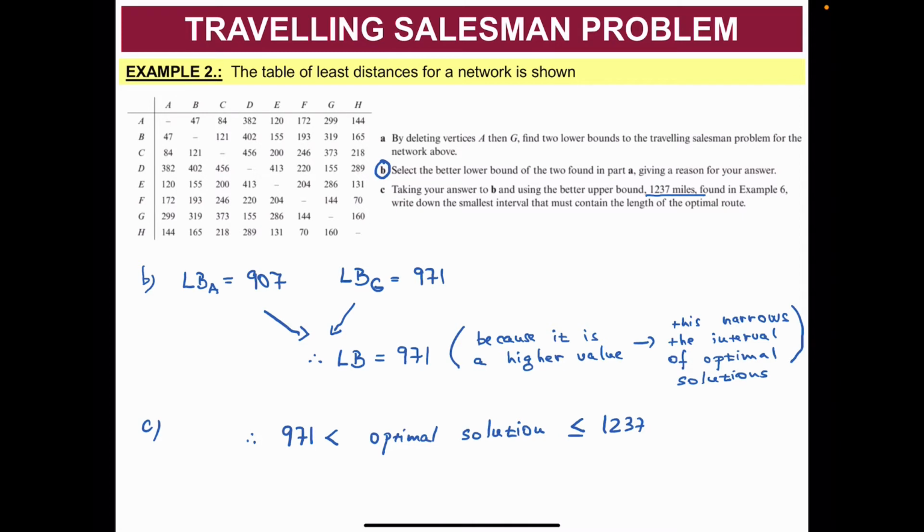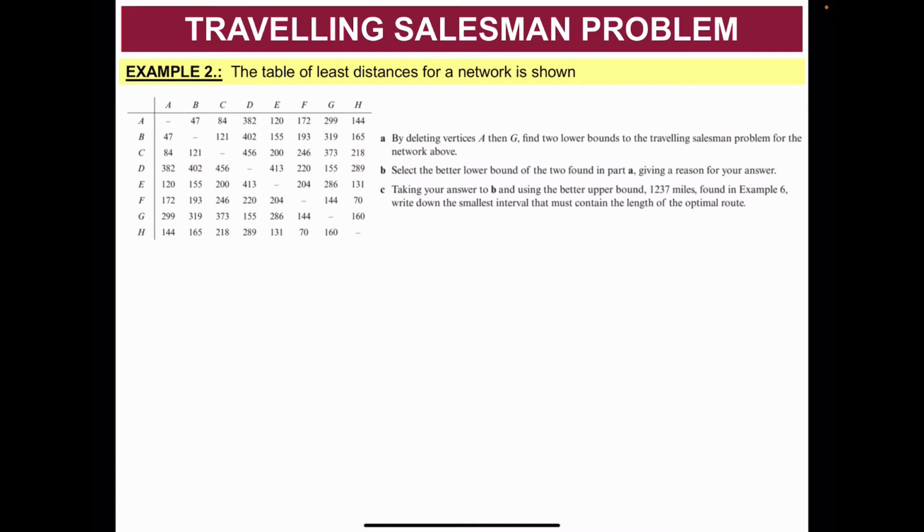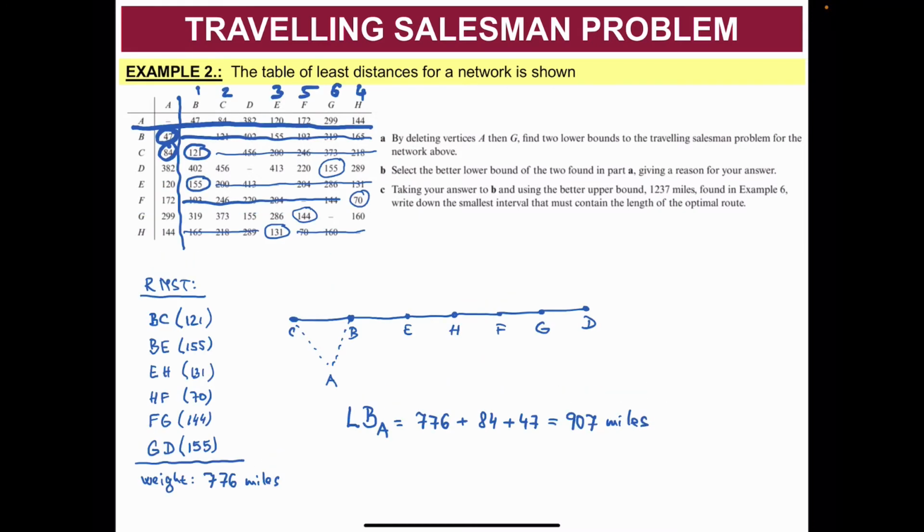You may ask why I used the strict inequality sign for the lower bound and the equal sign for the upper bound. Well, because I know that the 971 I've seen on the picture is not a Hamiltonian cycle, because I would need to visit at least one vertex twice, because A doesn't connect to D, for example.